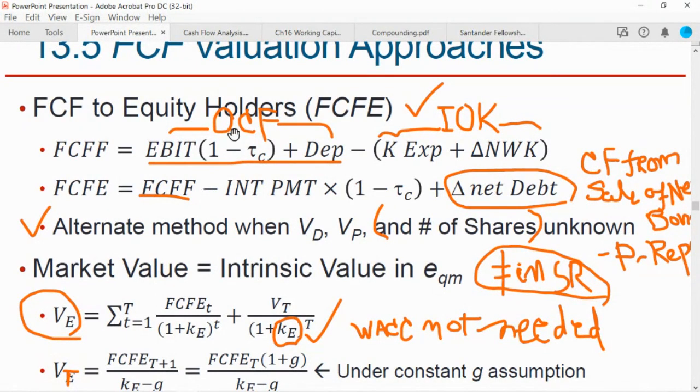debt holders. Why? Interest, right? Interest payment belongs to the debt holders, so we'll have to subtract it. But then you might wonder, what is times 1 minus this?